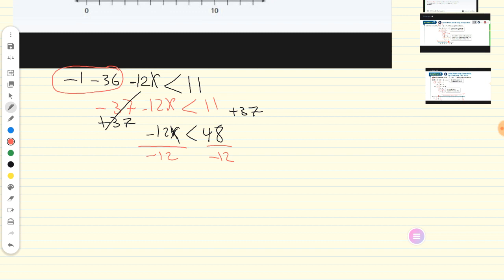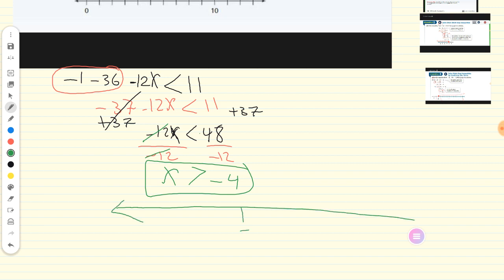And here, electric shock. Change the symbol first. So the symbol will be greater than. x, positive, negative 48 divided by negative 12 equals negative 4. So x is greater than negative 4, and you can represent it over the number line with negative 4 and negative 3, negative 2, negative 5 on the left hand side, negative 6. Open circle because it's not equal, okay, and x is greater, so we're going to the right hand side.